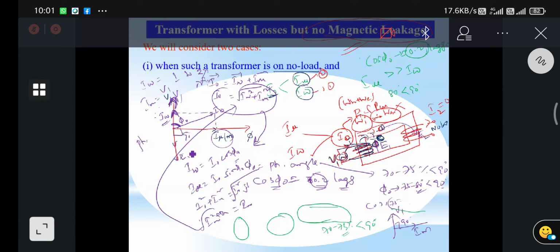But both E1 and E2 always lag by 180 degrees behind the applied voltage V1, in the case of both the ideal transformer and the practical transformer.